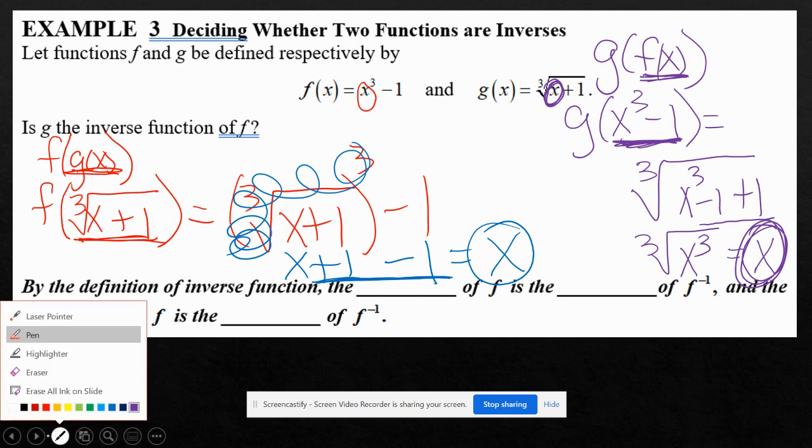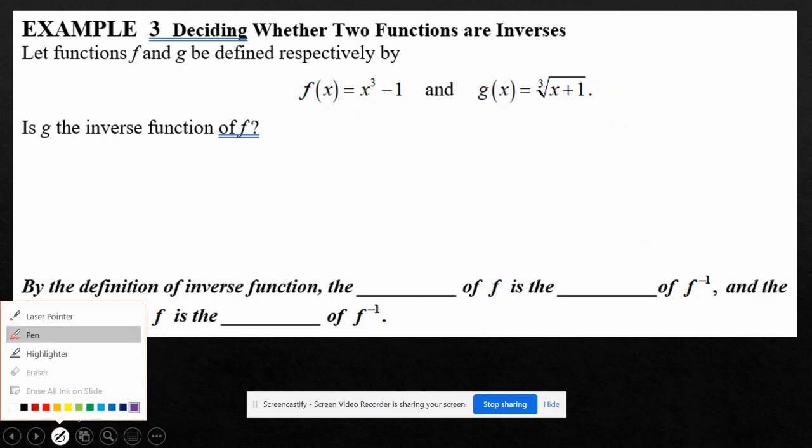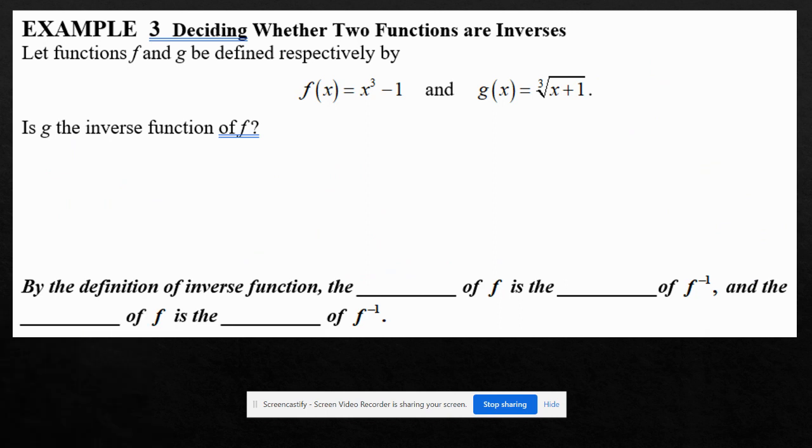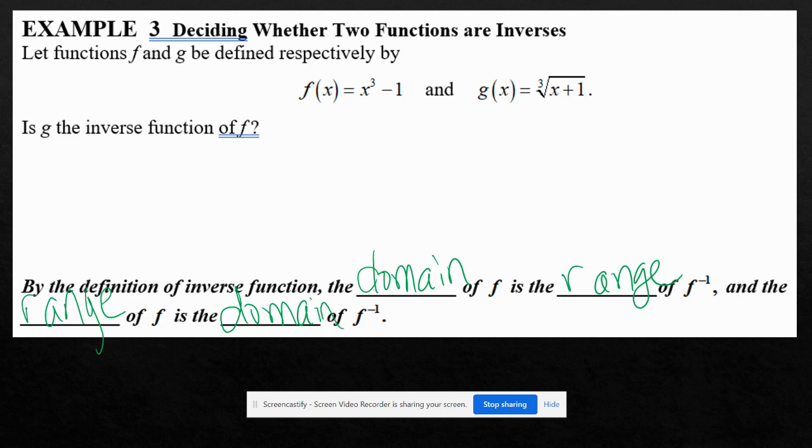That's proving it. On these blanks here, the domain of the regular function is the range of the inverse, and the range of the original function is the domain of the inverse, because again, they're opposites of each other.